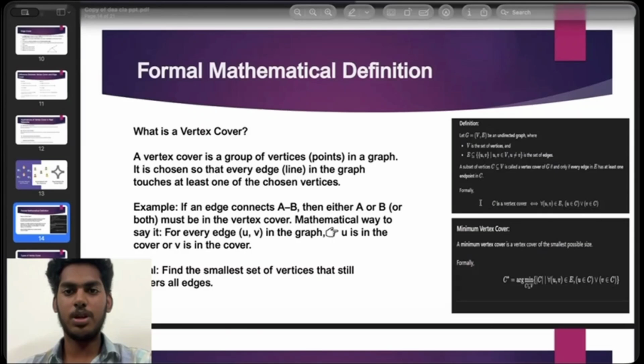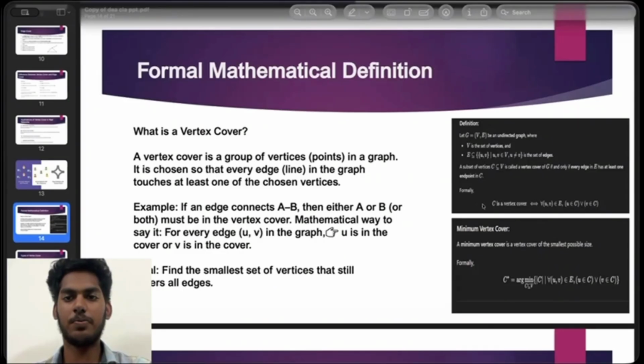The important properties: every graph has a vertex cover. Minimum vertex cover is unique only for some graphs. For a graph with m edges, if a vertex has very high degree, it is often included in optimal solutions. And the summary is: a vertex cover is some set of vertices covering all edges.